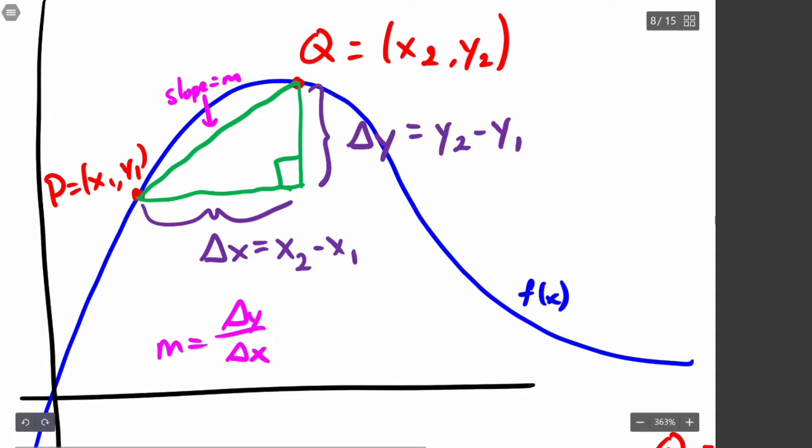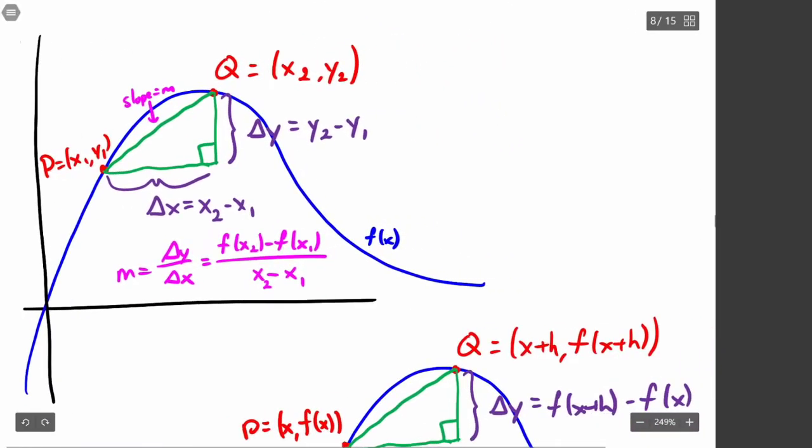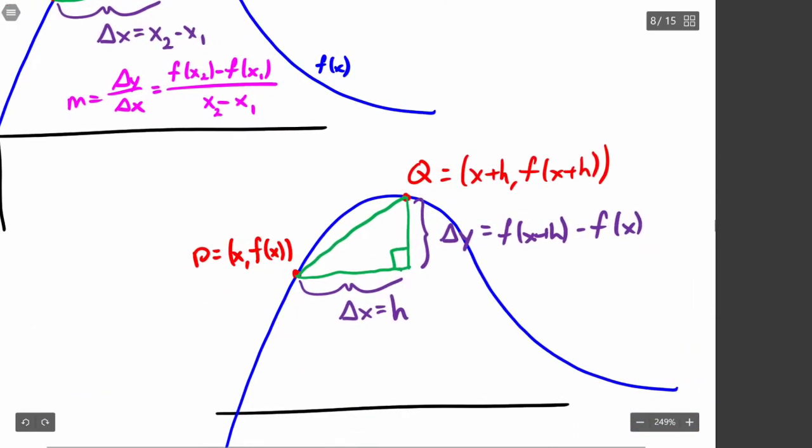In this case, we could say that this is going to be f of x2 minus f of x1 over x2 minus x1. That's one way we could look at this. Another way we can look at this is in this other notation here.